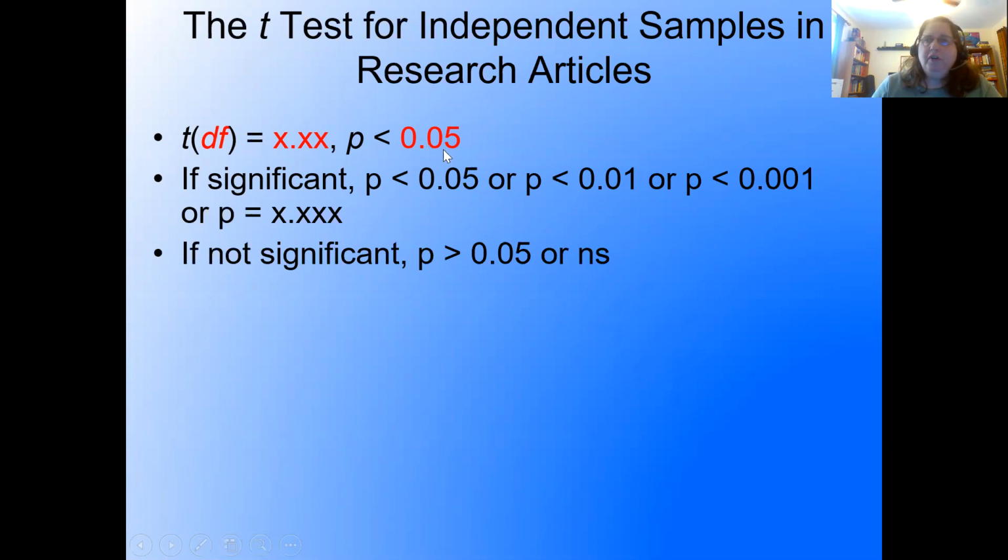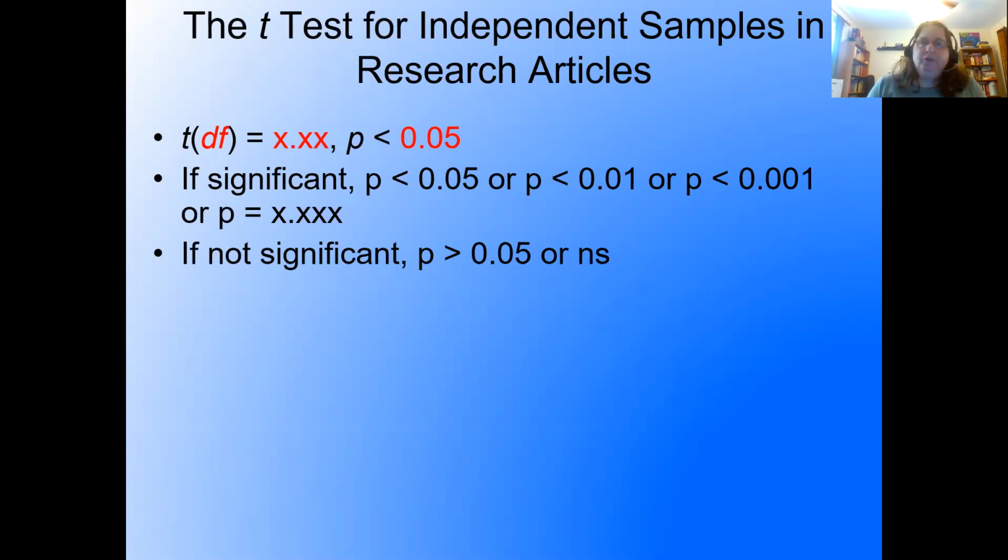If your alpha was 0.05 or 0.01 or 0.001, if this is significant, you'll see p less than one of those numbers, or it might even give you the exact p value, like we saw on the previous slide. p equals 0.047, or p equals 0.0120.